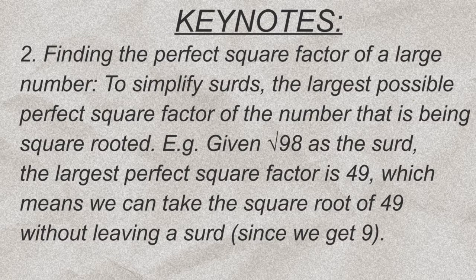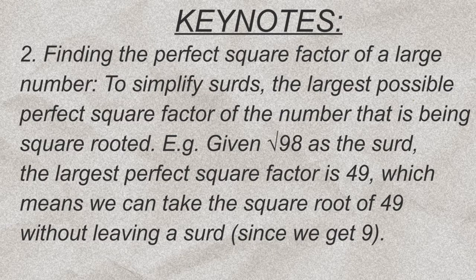Given, for example, the square root of 98 as a surd, the largest perfect square factor of 98 is 49, which means that we can take the square root of 49 without even leaving a surd.